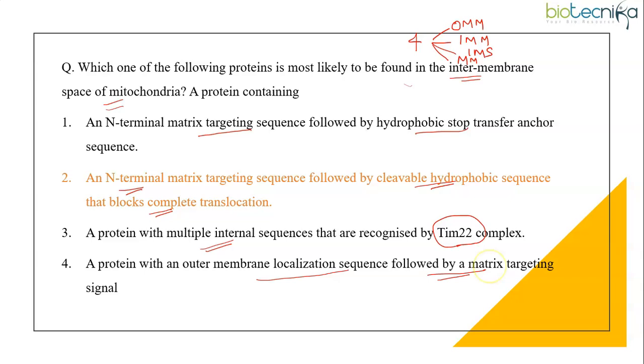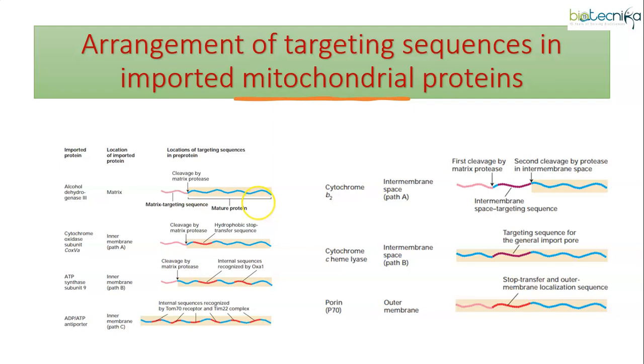So the correct answer here is statement 2, that means an N-terminal matrix targeting sequence followed by a cleavable hydrophobic sequence that will block the complete translocation. Now why is statement B, or statement 2, correct? Let's have a look. For this, you need to remember the arrangement of targeting sequences present within the mitochondria.